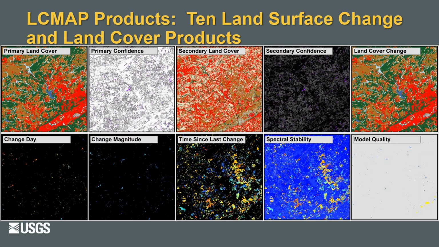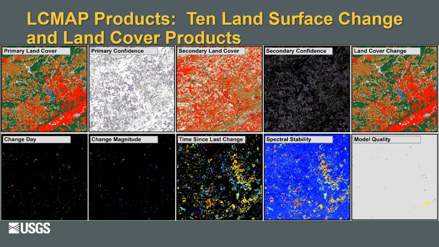And XGBoost, because it's a kind of a tree process and it has a boosting, can give you land cover at the primary confidence and the secondary confidence. That's due to this XGBoost process. And then the last product is land cover change, which is really derived from primary land cover over time.